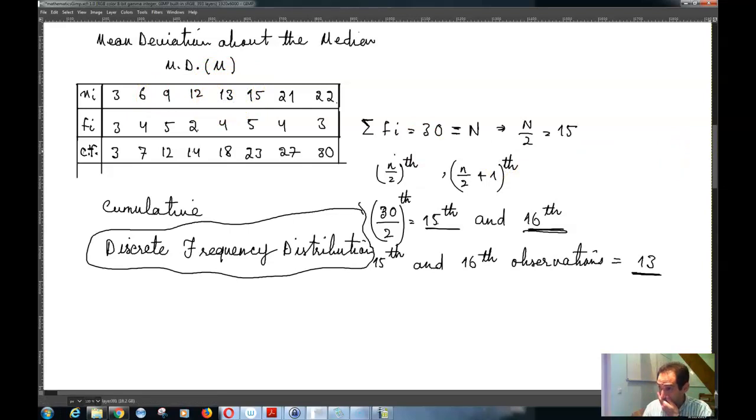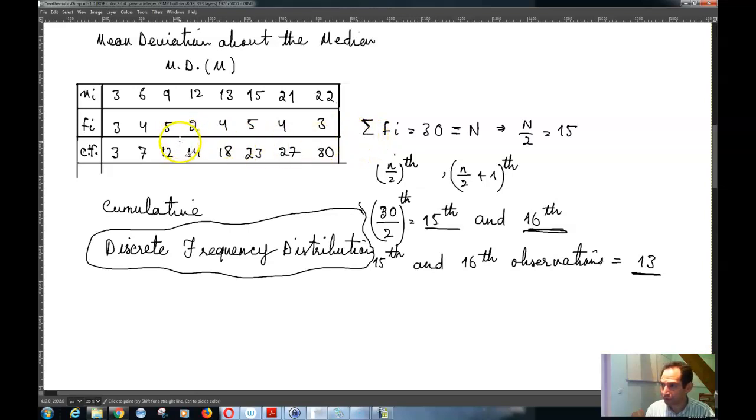And so it says that we identify the observation whose cumulative frequency is equal to or just greater than n divided by 2, which is what we did over here, where n is the sum of frequencies, sigma f of i.